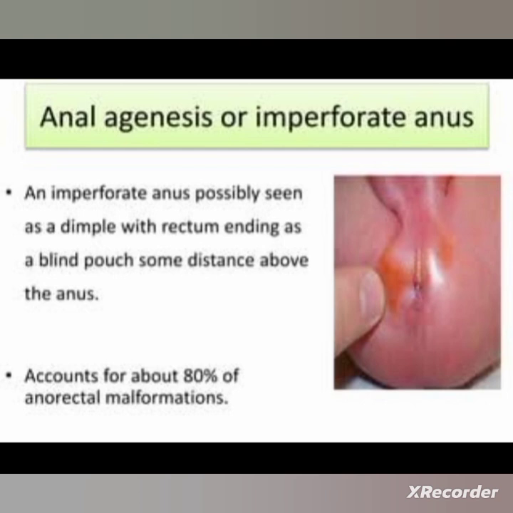There is no opening, just a dimple, and the rectum ending as a blind pouch. That is known as anal agenesis. And 80% of anorectal malformation is anal agenesis or imperforate anus.